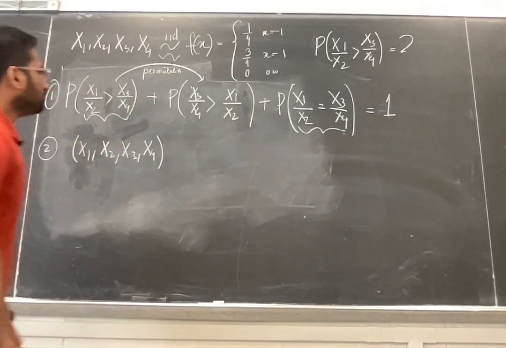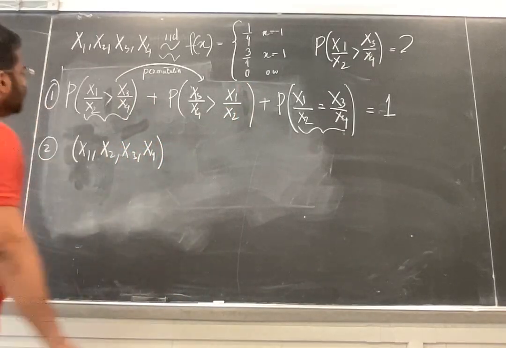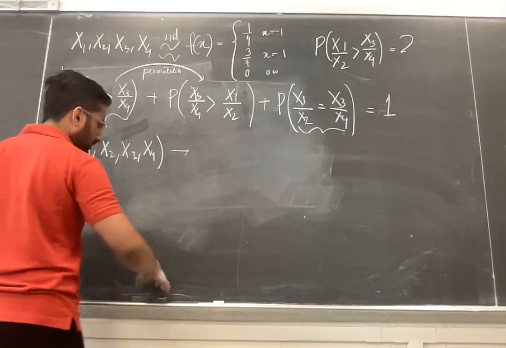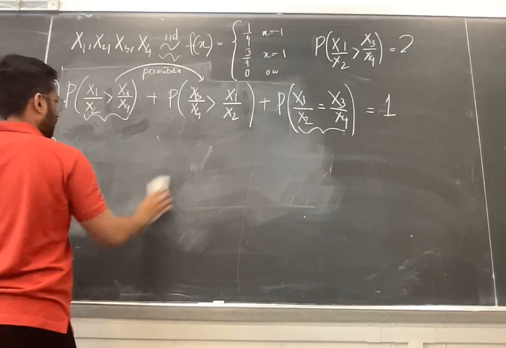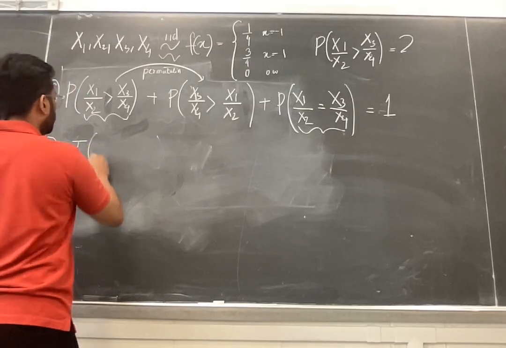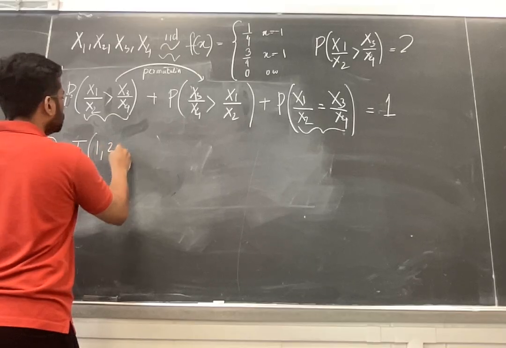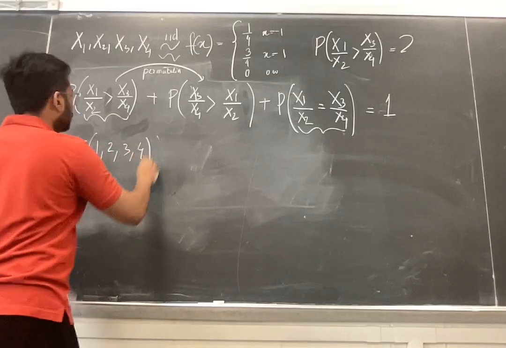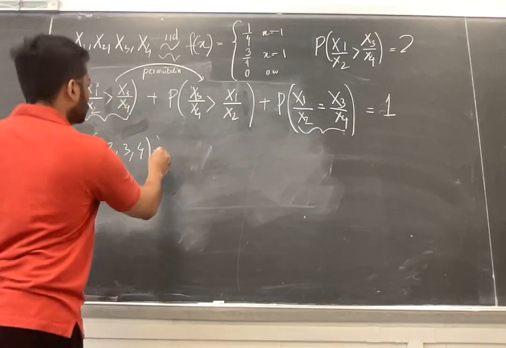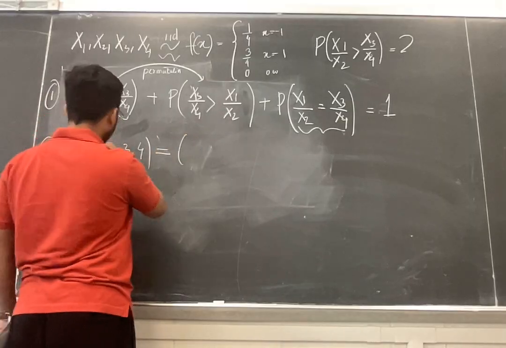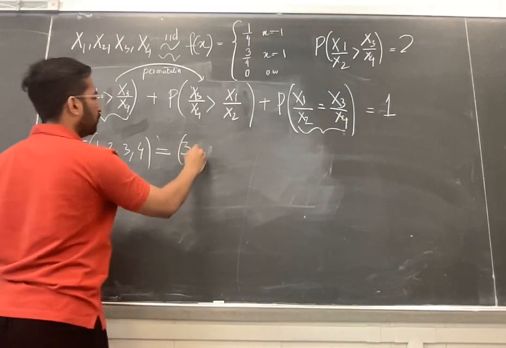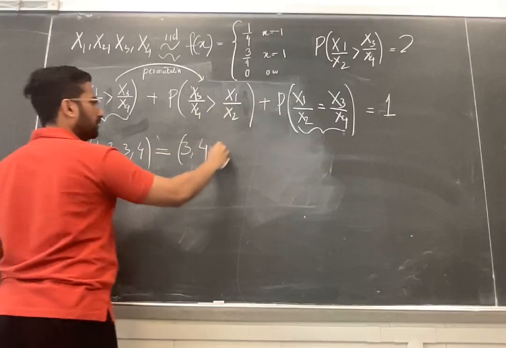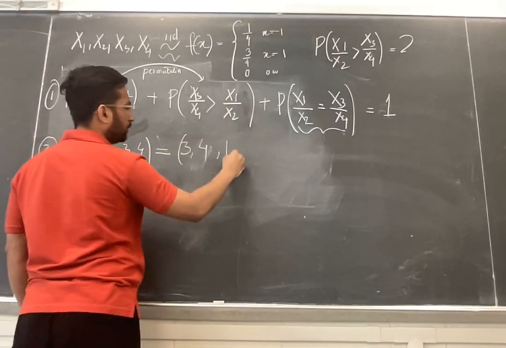So let's take the permutation which changes 1, 2, 3, 4 to 3, 4, 1, 2. 1 is going to 3, 2 is going to 4, 3 is going to 1, and 4 is going to 2.